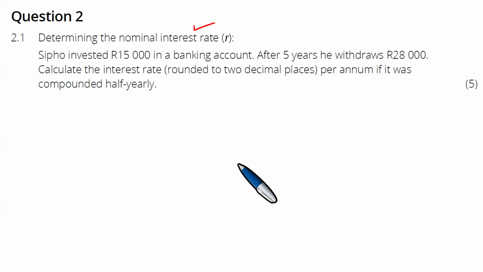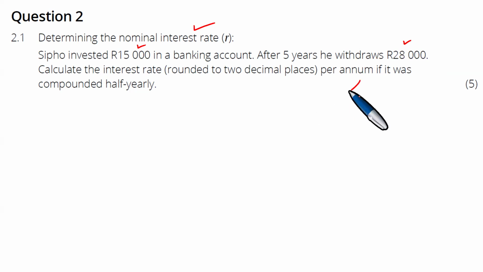After 5 years, he withdraws 28,000. Calculate the interest rate, rounded to 2 decimal places per annum if it was compounded half yearly. Okay, very interesting. He just invested 15,000, but after 5 years, he withdrew exactly 28,000.